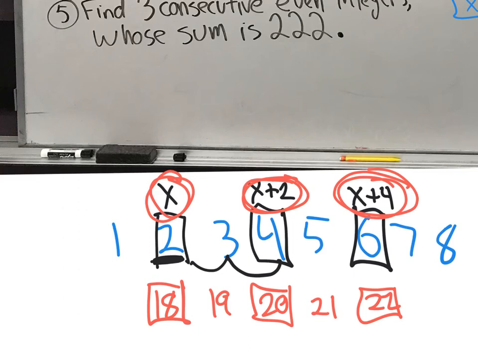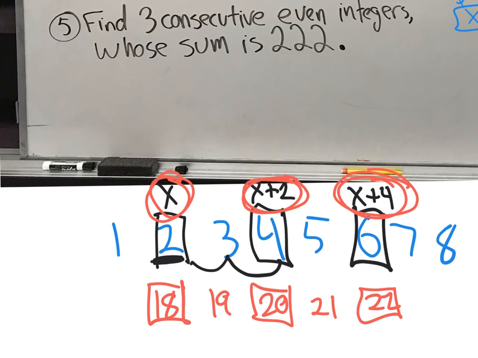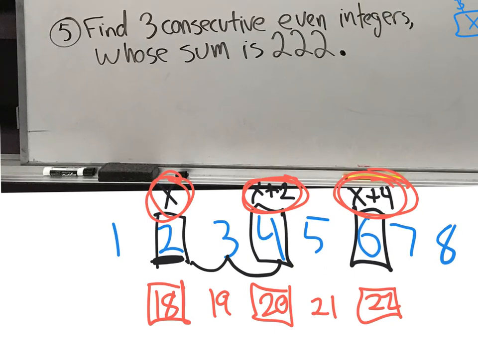Okay, so they want us up here to find 3 consecutive even numbers whose sum is 222. So the thing is, what does sum mean? Add. So you're going to add one number plus another number plus another number, and the answer is going to be 222. Do I know that first number?